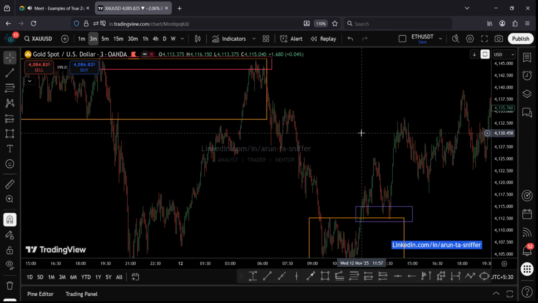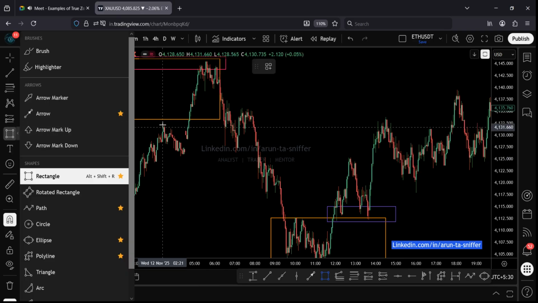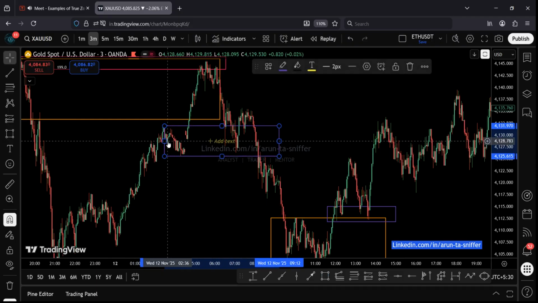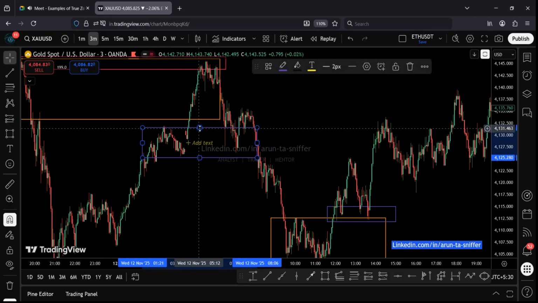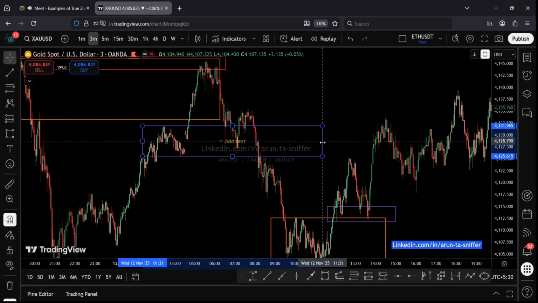Okay, what you will find here, if you look at this box like this, like this.